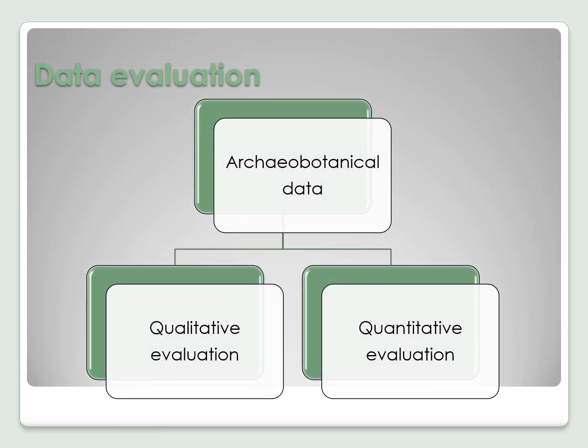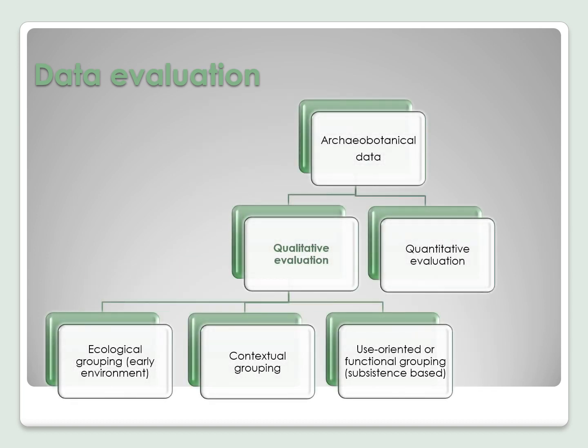The basic step in data evaluation is grouping according to specific criteria. We already learned in the first lecture that plants show qualitative differences in the usefulness for humans and in their ecology, and can be grouped according to such criteria.